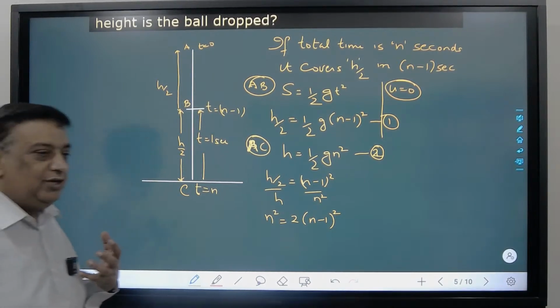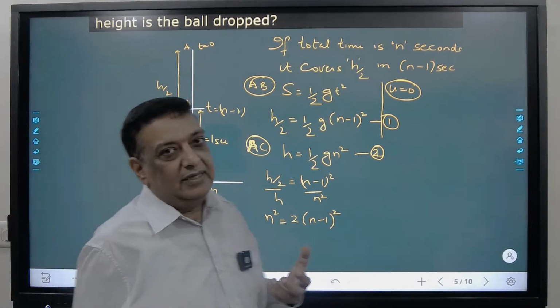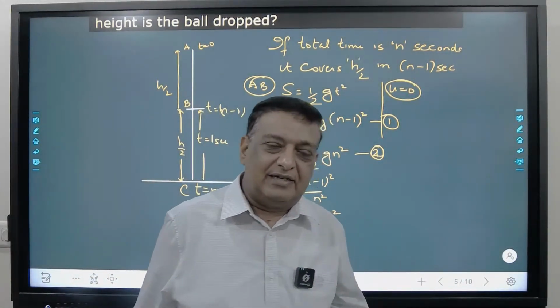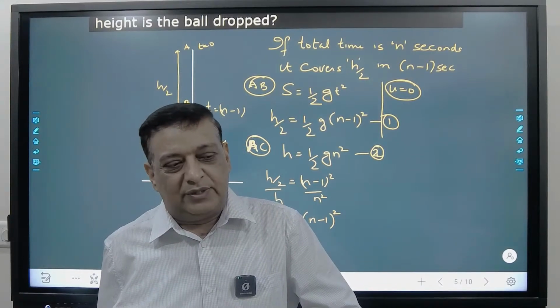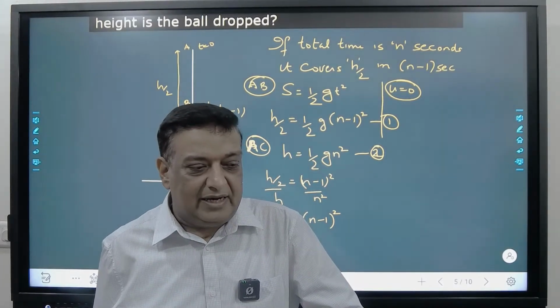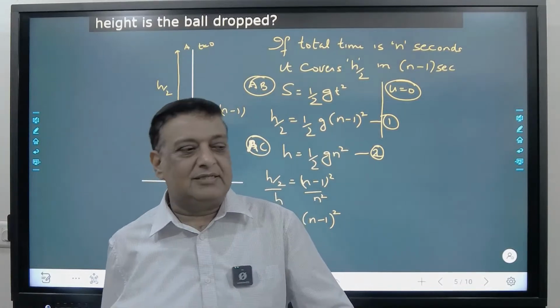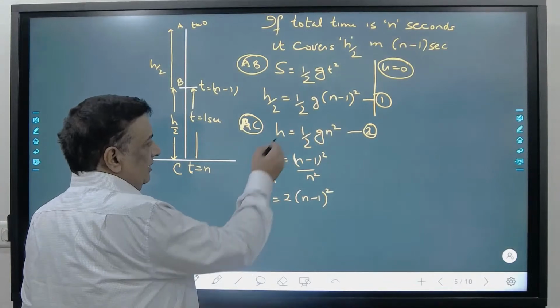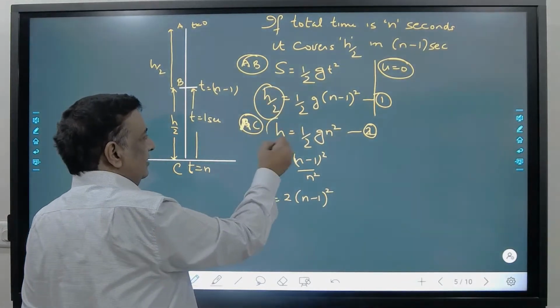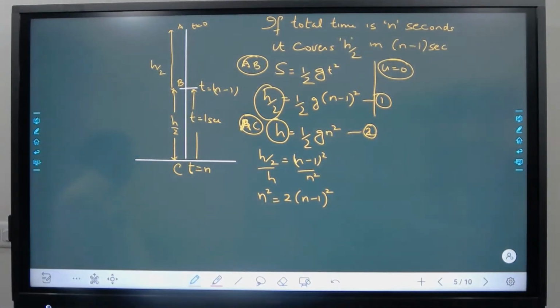So basically we are using the concept that if in the last second it covers half of the distance, that means the remaining half is covered in n minus 1 seconds. Remaining half is covered in n minus 1 seconds means h by 2 in n minus 1 and h in the total n seconds. So from this ratio we can find the value of n first, and after n you can find the value of h.